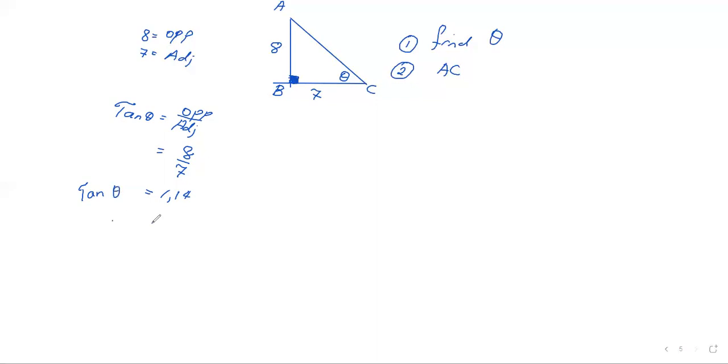Therefore, theta will equal arctan of 1.14. That will be second function tangent of 1.14, which gives 48.74.